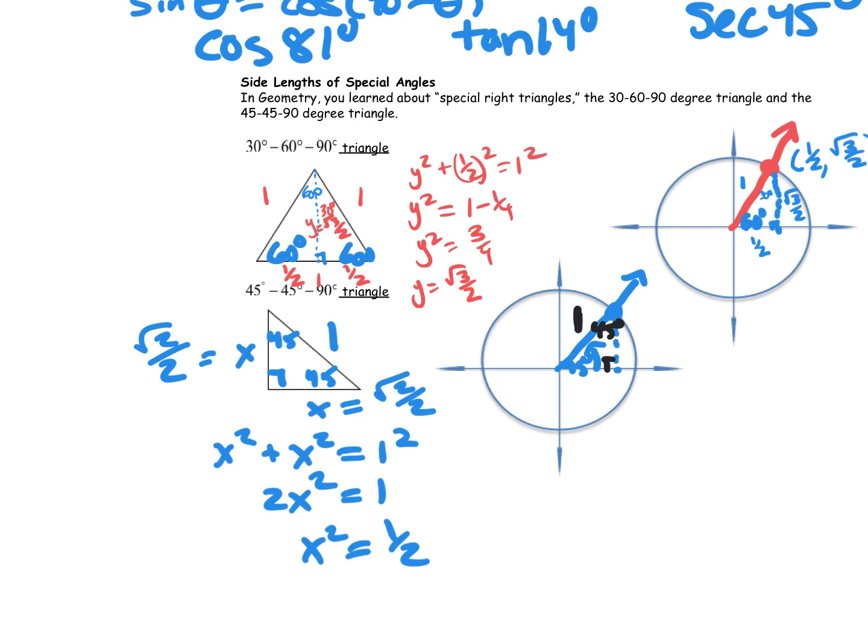Then opposite each of the 45 degree angles is √2/2. So the x and y coordinates would both be √2/2. Okay, so those are the ratios of the sides of special right triangles: the 30, 60, 90 ratio and the 45, 45, 90 ratio.